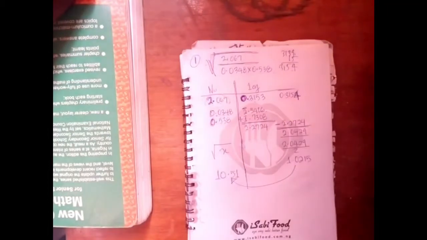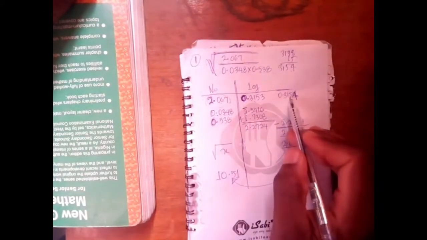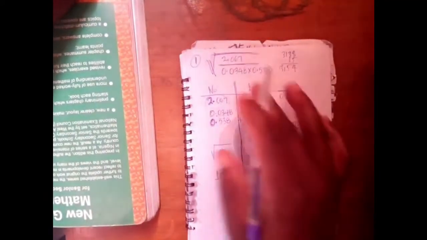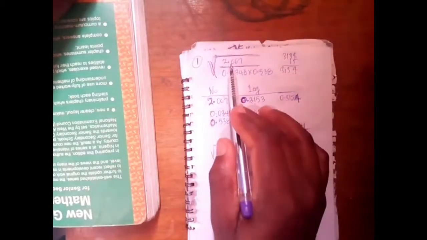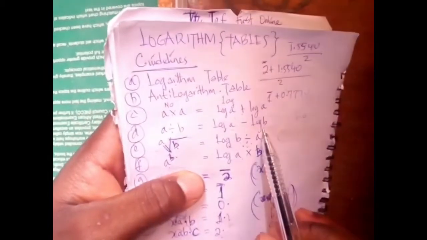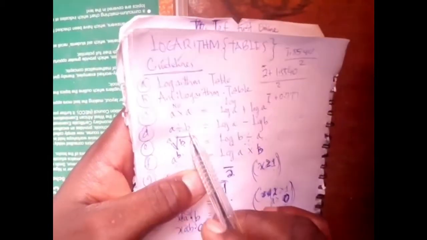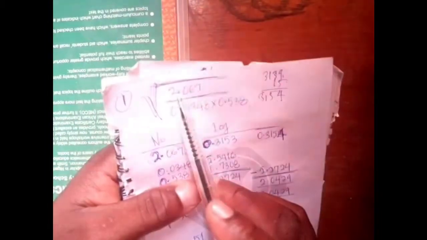So from that, your 2.067 divided by this will subtract under your logarithm column. Just like we said from our law, when you have division, you subtract the logarithm of that number minus the logarithm of b.